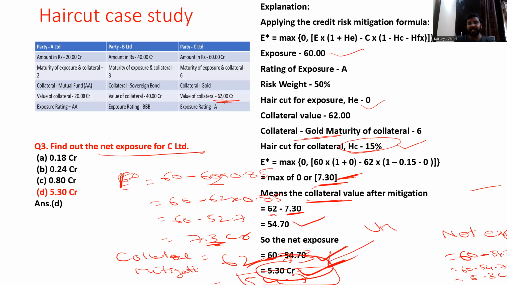Unsecured amount, that is the net exposure amount. So this is how we have to calculate net exposure value of the loan, that is the unsecured portion of the loan. So this is the concept of this haircut case study.